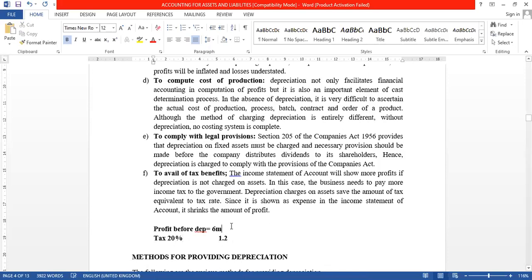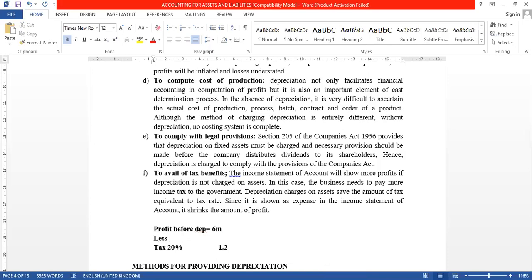But if you are able to less depreciation, let's say depreciation is let's say 1 million, right? If depreciation is 1 million, then you will have what you call profit after depreciation, of how much? 5 million, right?